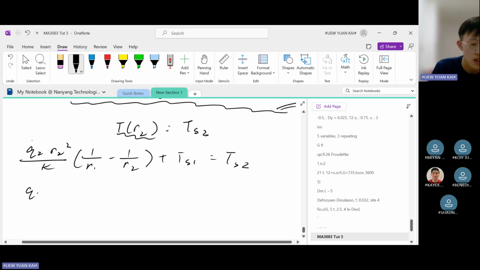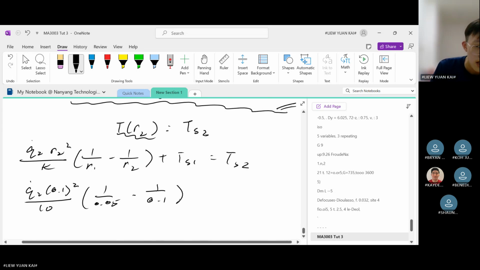Q2 is unknown, we're going to find it. R2, they give it to us. K, they give it to us. R1 and R2, they already give us. TS1 is given, TS2 is given. Now we just make Q2 the subject and voila.